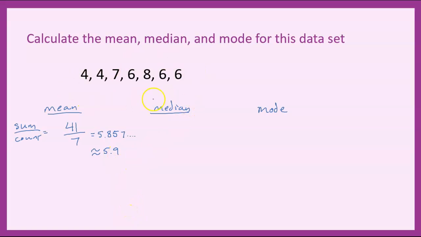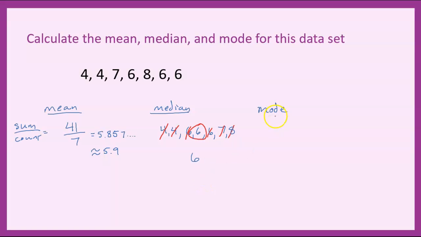The median, for the median we need to write these in order. So 4, 4, those are our smallest ones, then 6, 6, 6, 7, 8. So for the median, we are going to cross out our first and last, first and last, first and last, and we are left with 6 for the median.